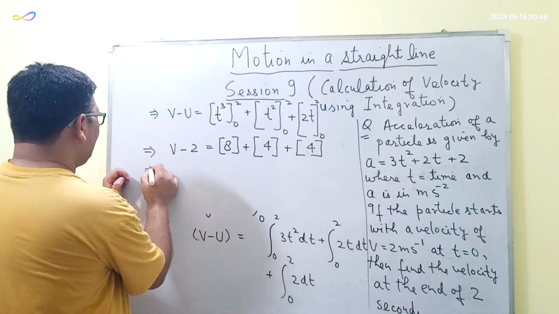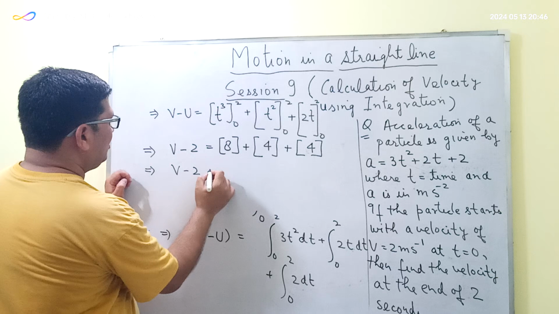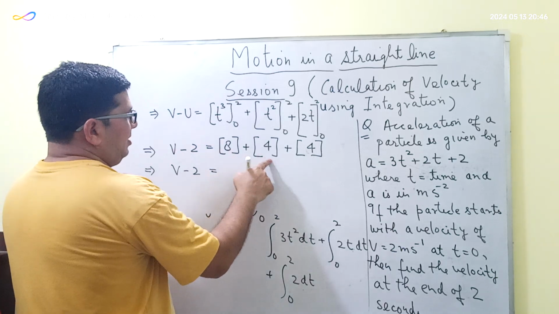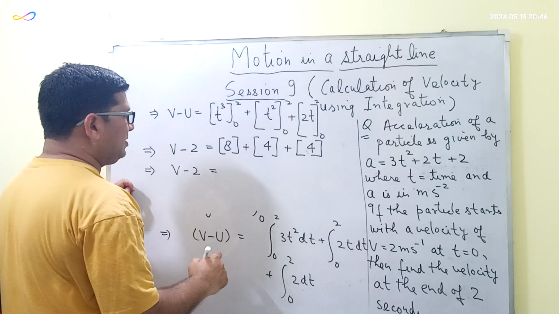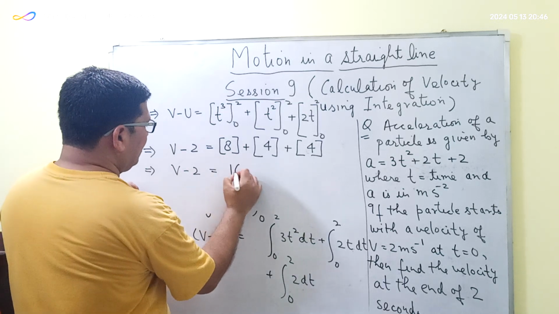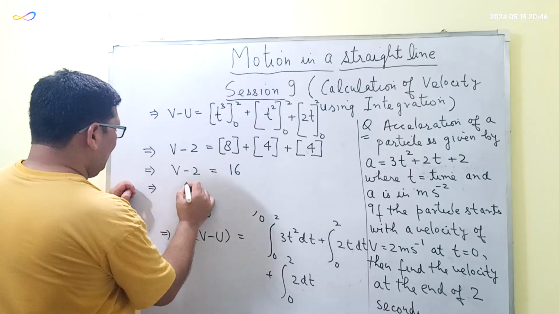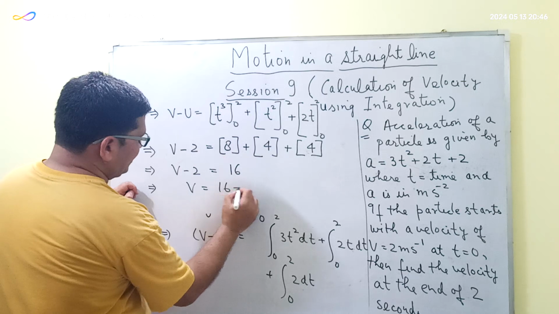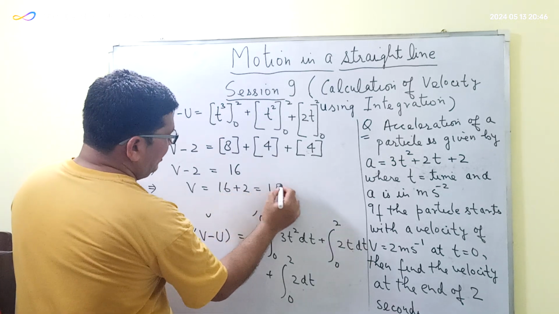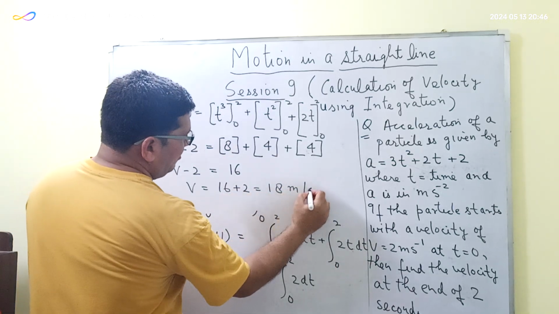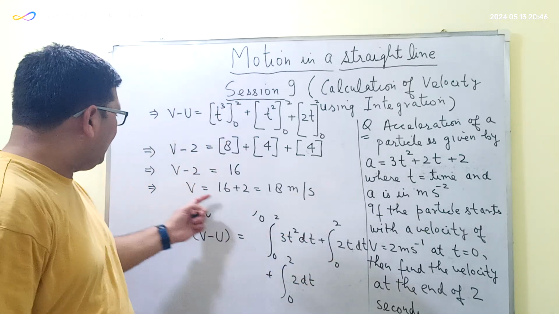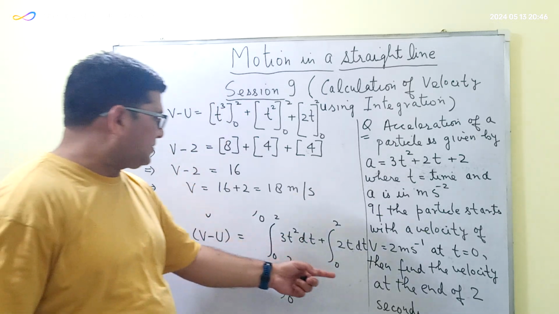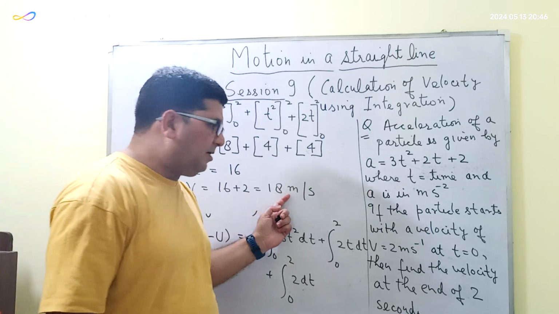So it implies that v minus 2 is equal to 8 plus 4, 12, 12 plus 4 is equal to 16, and v will be equal to 16 plus 2, which is equal to 18 meter per second. So the velocity of this particle at the end of 2 seconds will be equal to 18 meter per second.